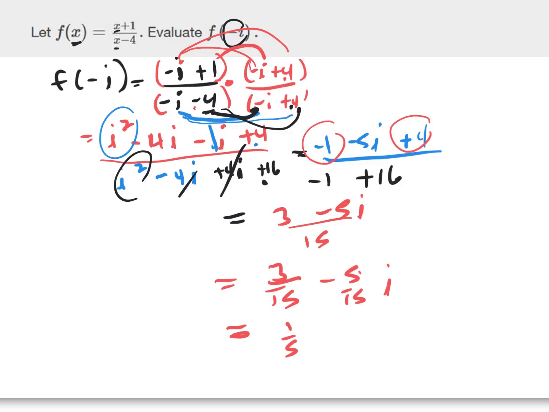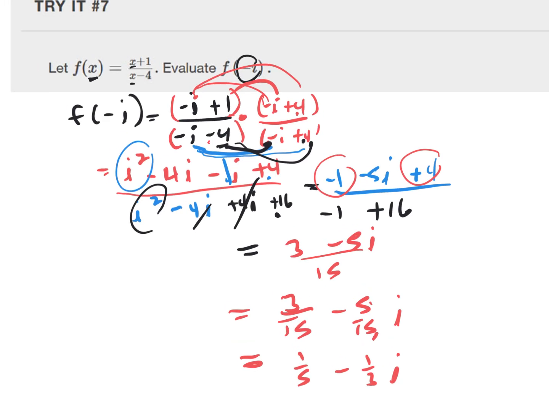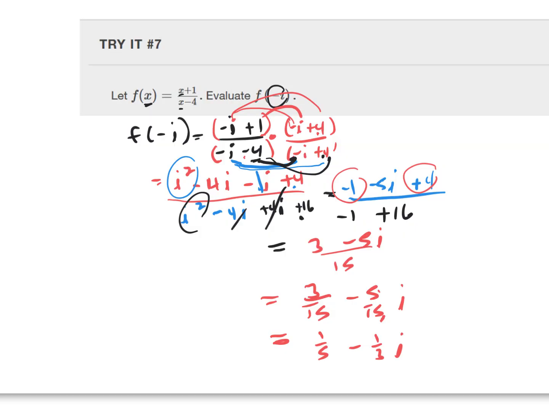And 5 goes into 15 3 times. So it's minus 1/3 i. Wow. That was a try it. I don't have any way to check that answer, but it looks nice. Moving on.